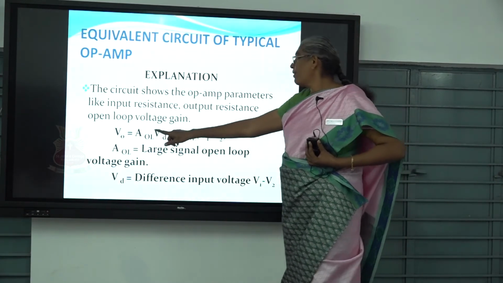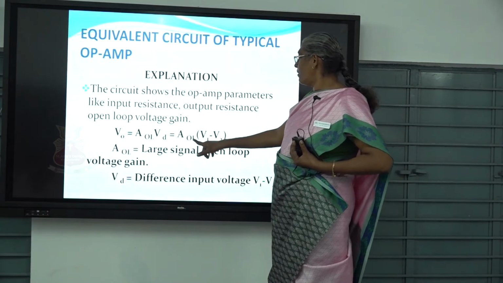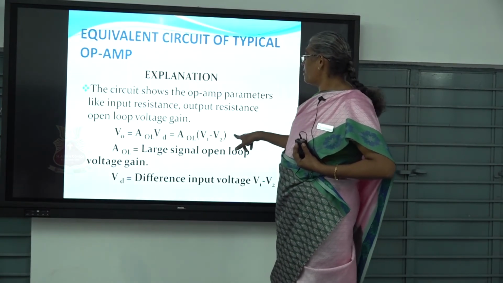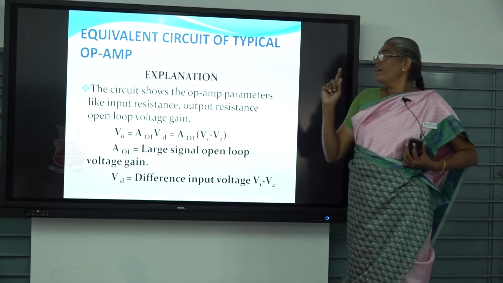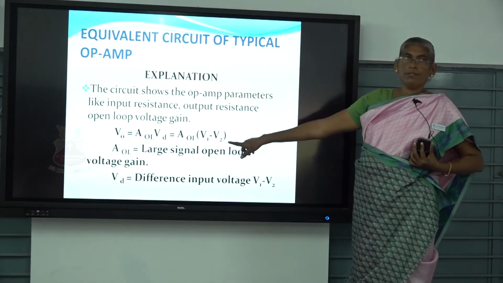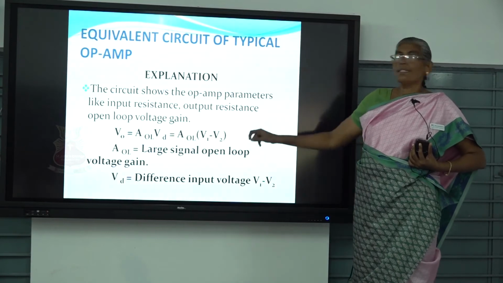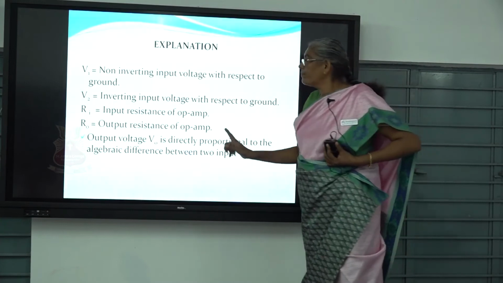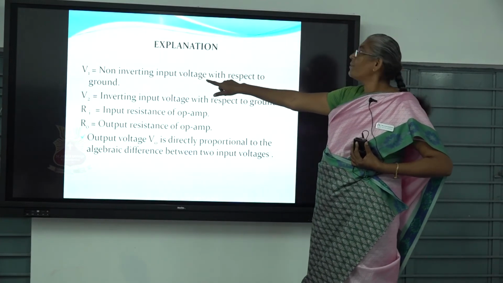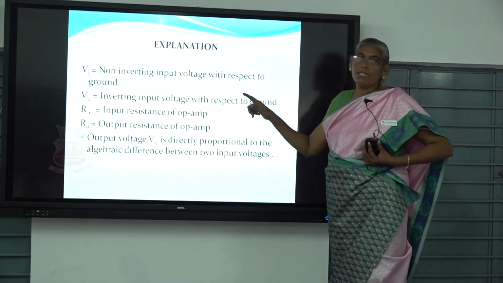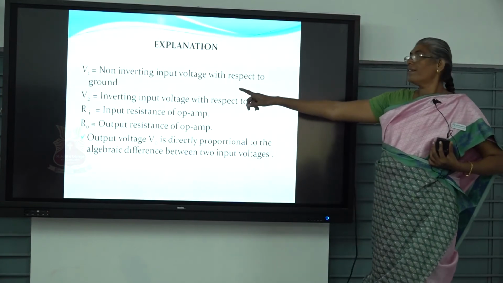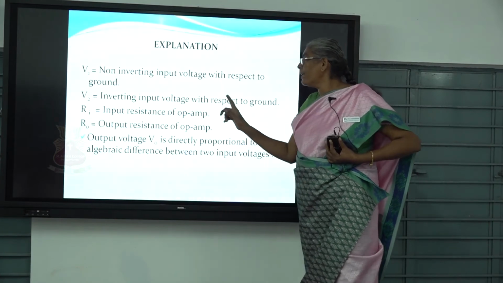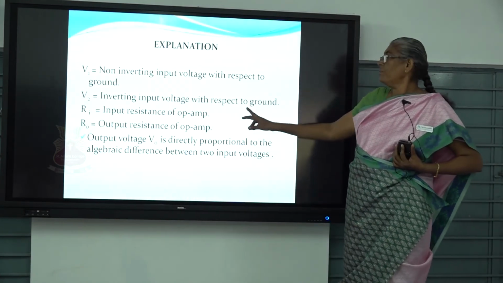So the equation goes to A0 Vd equal to V1 minus V2. V1 is the non-inverting input voltage with respect to ground, and V2 is the inverting input voltage with respect to ground.